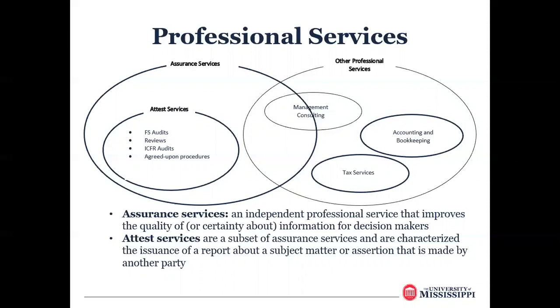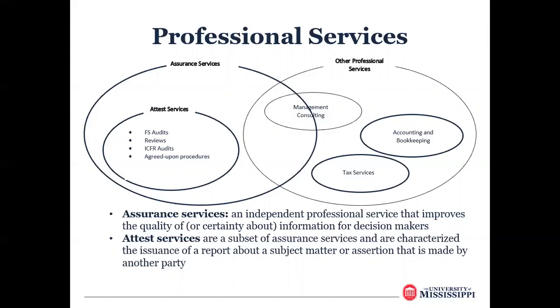Audits of internal controls over financial reporting would be attest services. And then other agreed-upon procedures that include testing and reporting on an assertion made by another party would also be included as attest services. As it turns out, the type and variety of attest services is tremendous.